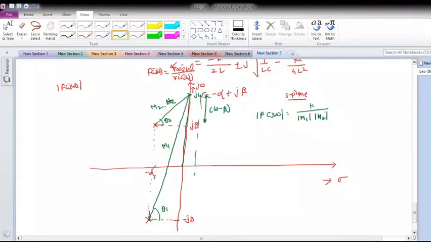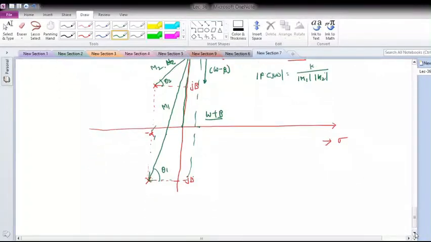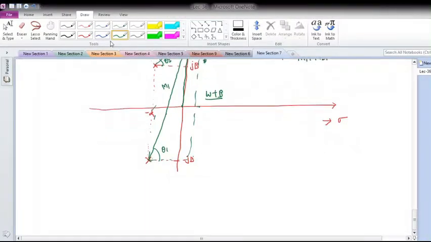And the full length up to here is omega plus beta. Now I can write m1: it will be the square root of alpha square plus, the imaginary component being omega plus beta, its square. And m2 will be the square root of alpha square plus omega minus beta square.